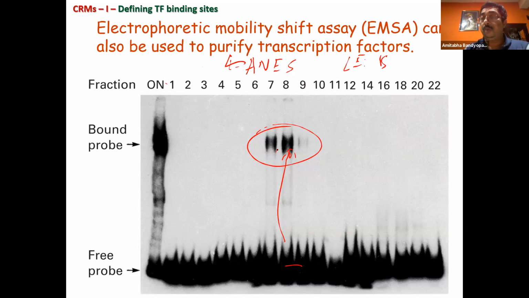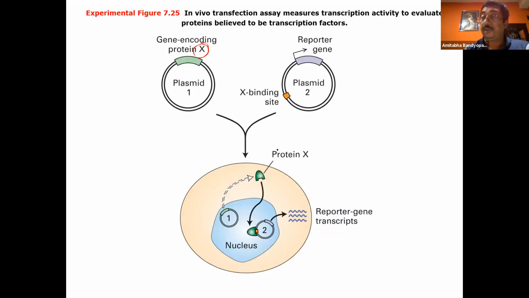Now you want to see whether it can really act as a transcription factor for a particular enhancer. So you take one plasmid where X will be expressed, and another plasmid with the reporter gene, and then you have the X binding site. This is your enhancer area, and then the promoter will be somewhere over here.